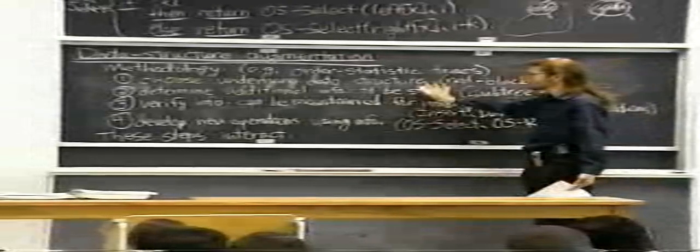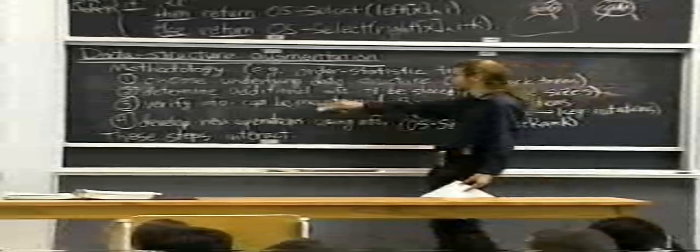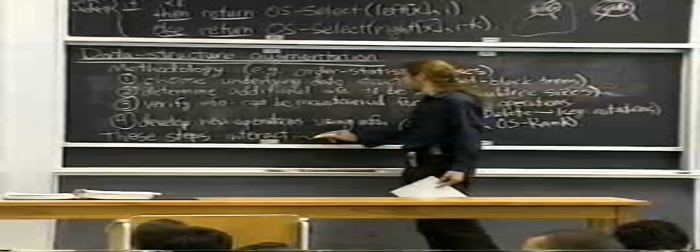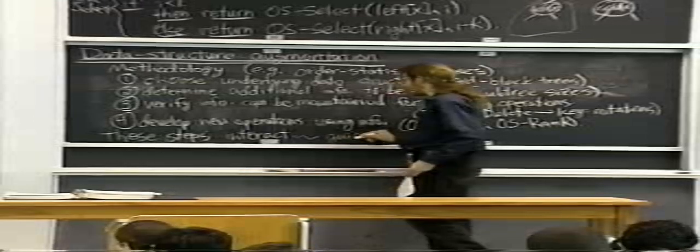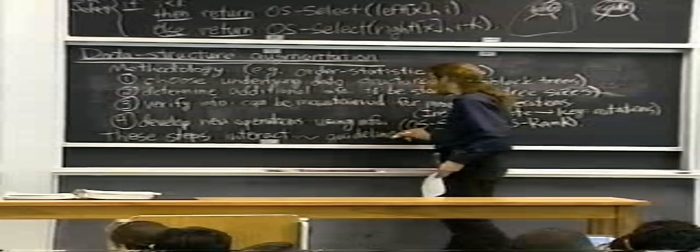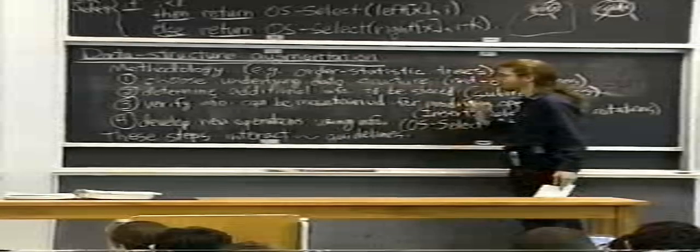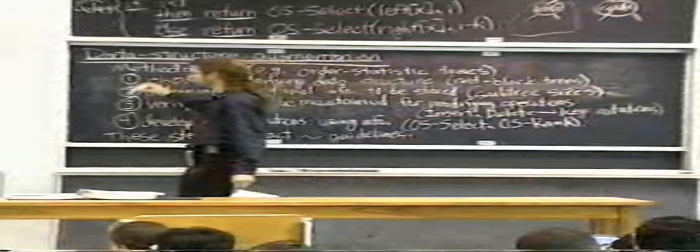All of these things are mixing together, but this is sort of like a checklist, or guidelines. You don't do 1, then 2, then 3, then 4 completely independent of each other. But it's a good checklist. You have to do all four of these things to make sure that you're done.